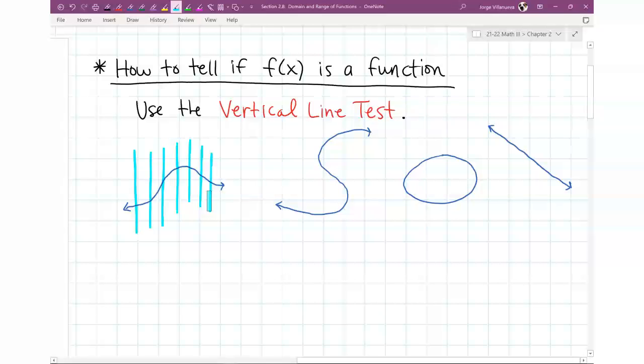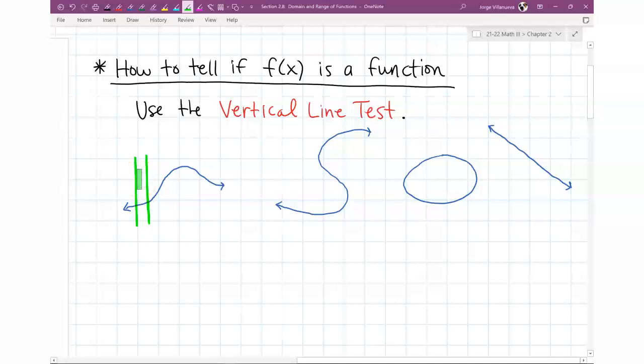But notice that first graph that I did. Does that graph get touched more than one time per blue highlight line that I did? Or maybe I should change it to green here. So look, does this line touch it more than once? No, right? What about this line?